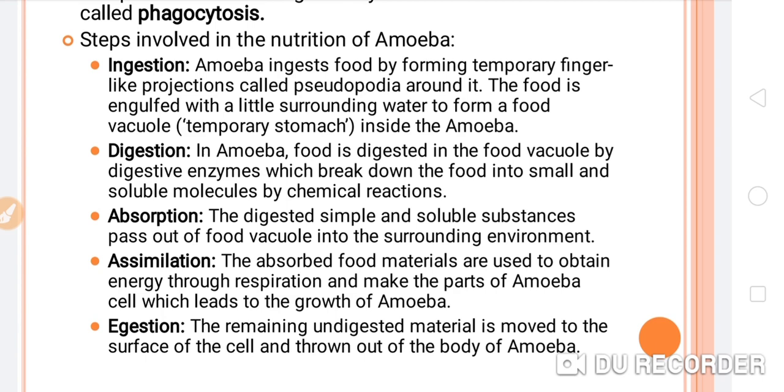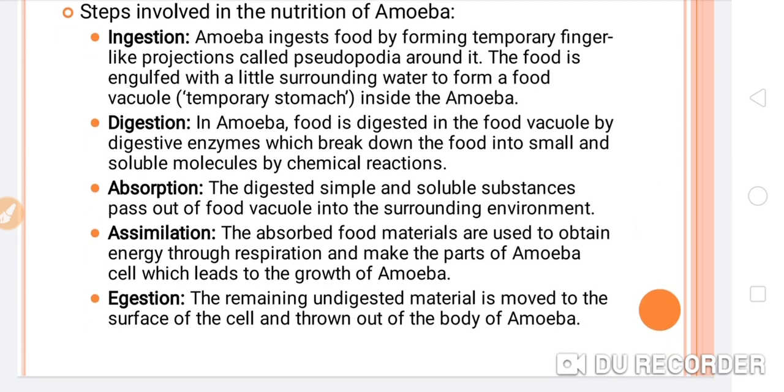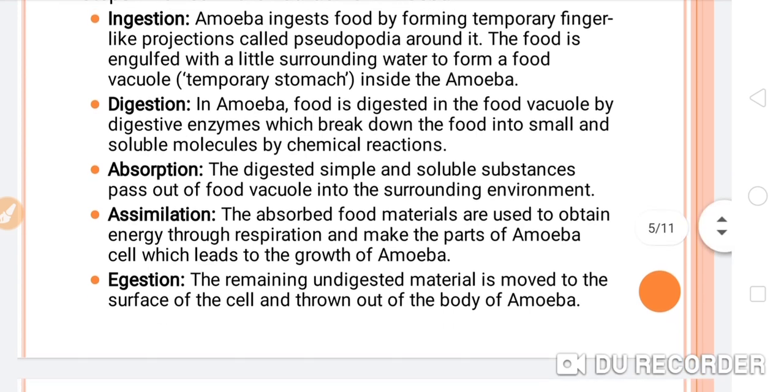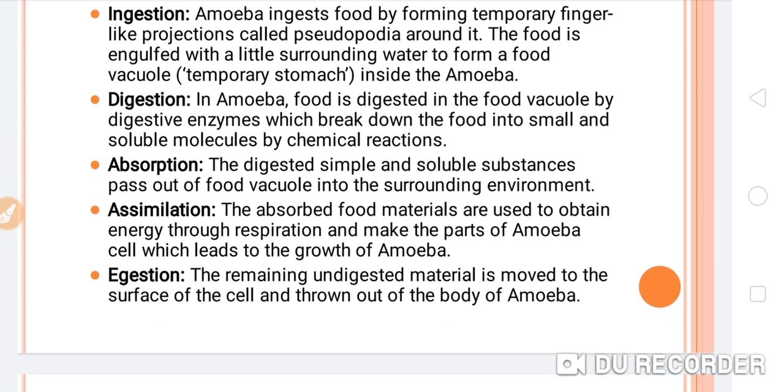The food is engulfed with a little surrounding water to form a food vacuole, that is a temporary stomach inside the amoeba. Now the second step, digestion. In amoeba, food is digested in the food vacuole by digestive enzymes which break down the food into small and soluble molecules by chemical reactions.